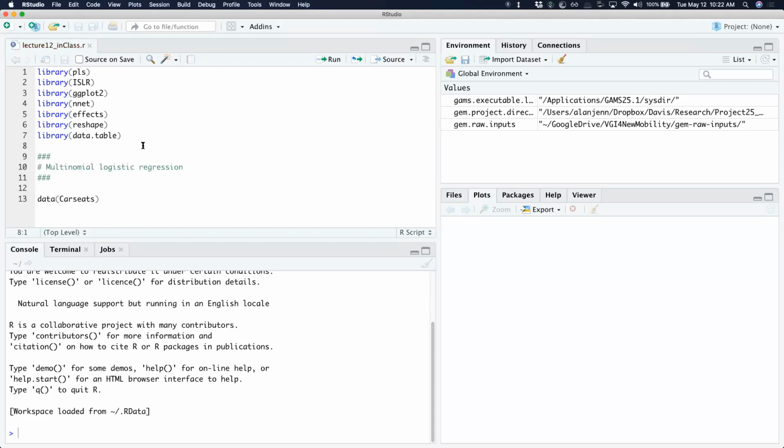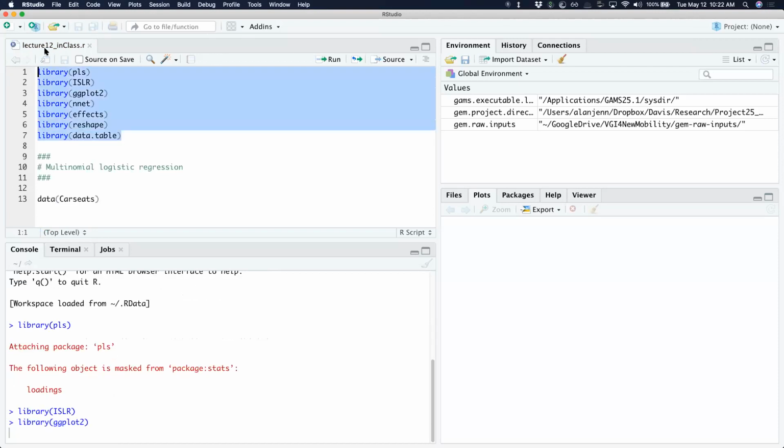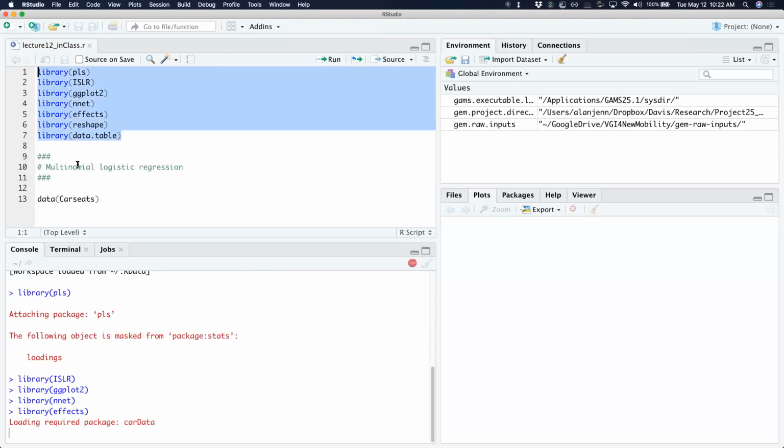And hopefully I have all these loaded up. Yep, okay.